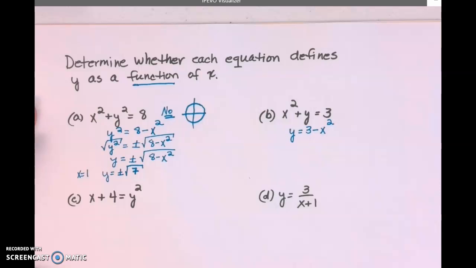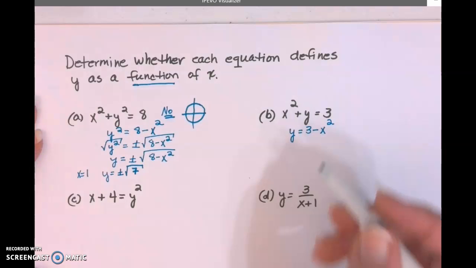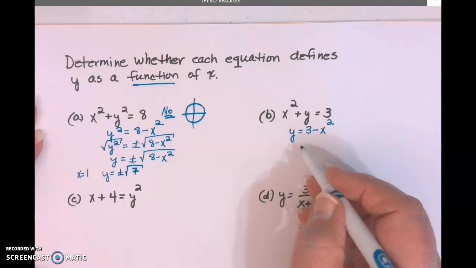Now we're going to think, if I put a value in for x, do I get one value out or multiple values? Let's let x equal 1. Then y would be 3 minus 1 squared, and 1 squared again is 1. Y would equal 2, and that would be the only value that y would equal when x is 1.